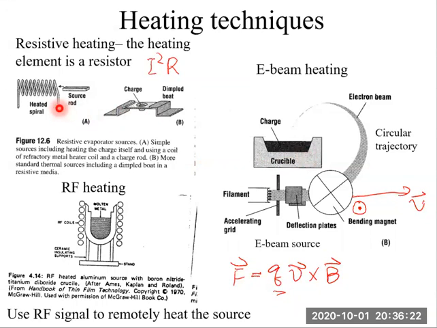Unlike resistive heating, where the heating element must have a temperature at least the same as the charge, for E-beam the crucible can stay at a lower temperature. So the crucible can have a very long lifetime.